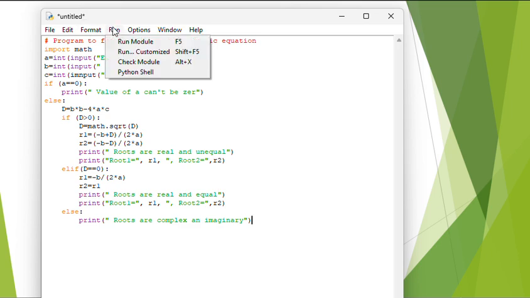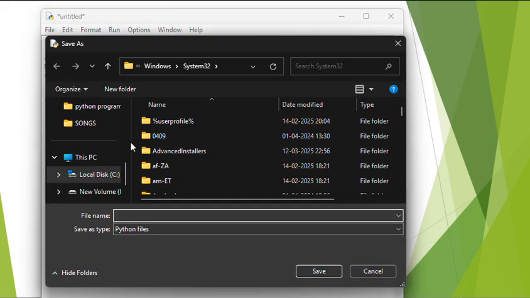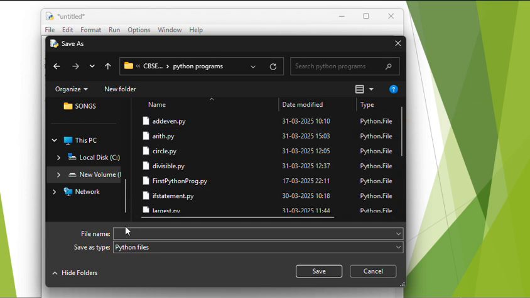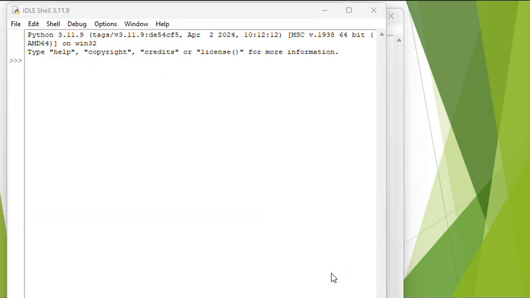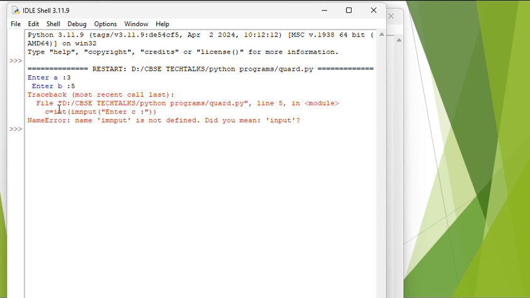Let's run. Here to save. The name given is, let me give the name as quad. Save. It is going to take the value of A, B and C. So we will be going to go with, let's take 3, 5. Okay, there is some error after B. Let's see what is error.